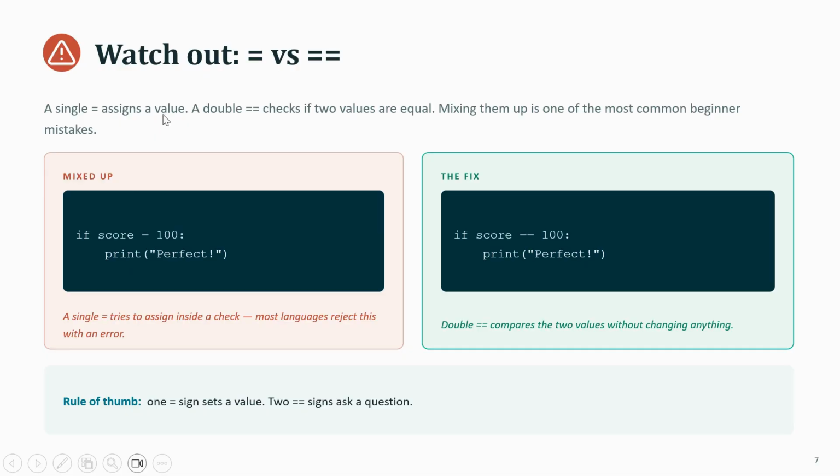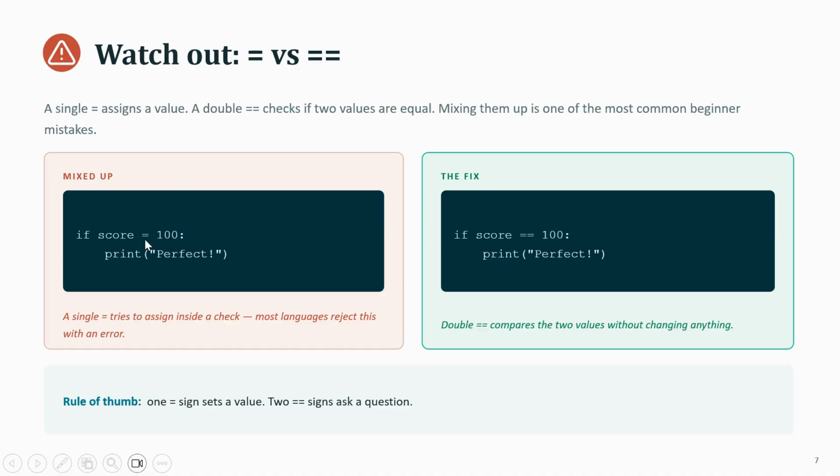A single equal sign assigns a value, while a double equal checks if two values are equal. Mixing them up is something people get confused about many times, or they forget to write it. When you are comparing, or specifically checking that a value is equal to another, so that both sides perfectly match, you should go with the double equals.